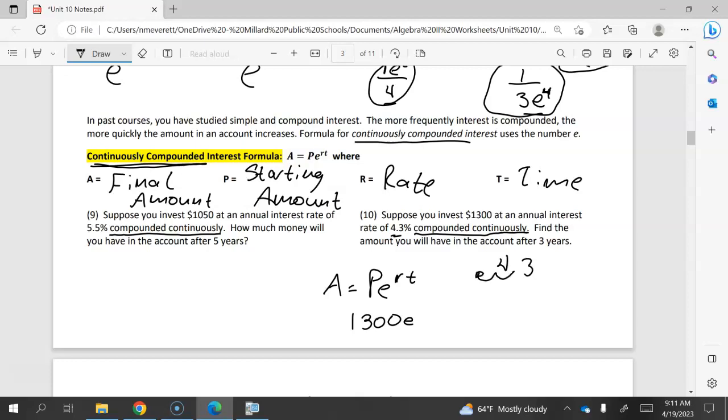Move the decimal place over 2 times, so that's 0.043, and then next to that, write your time. That is 3, and then I would multiply the 0.043 times 3, get 1,300 e to the 0.129. And then from there, just type that into your calculator, and you have your answer.